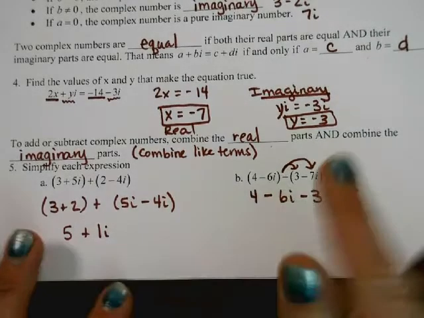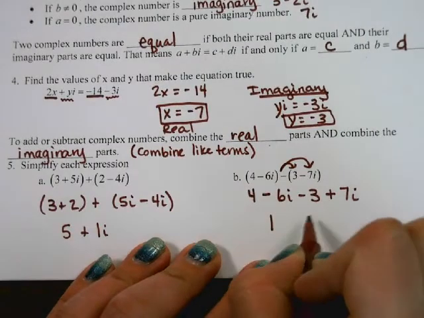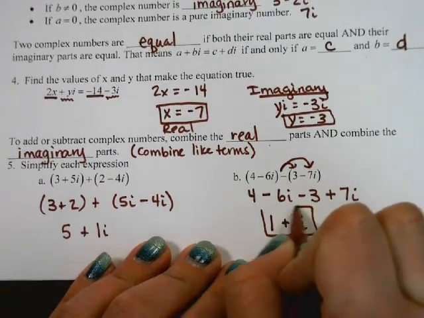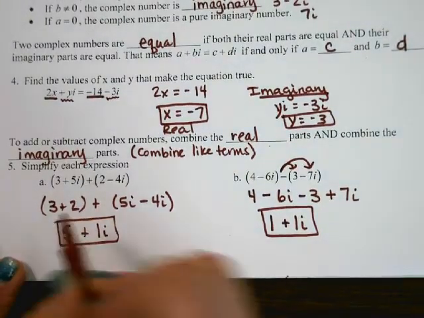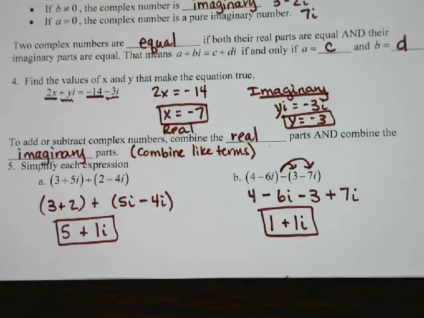So 4 minus 3 is 1. Negative 6i plus 7i gives me a positive 1i. Or you could just say i, you don't need the 1 in front of it. Okay, questions on that? We're so close to being done.